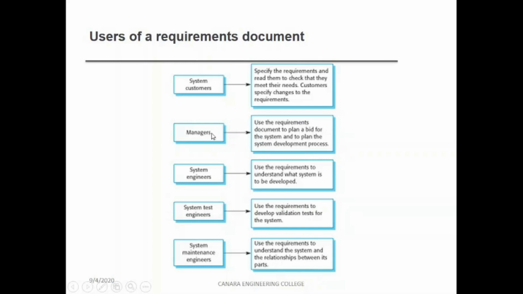In this, there will be around four to five teams, so he will plan which team is able to design the product for the customers. For bidding, how many users and how many developers are required, and at what time the product can be delivered, is all decided by the manager, and for that a separate document is maintained.